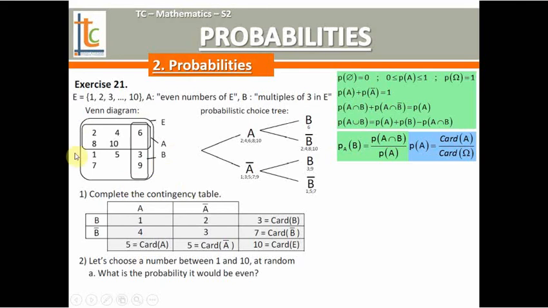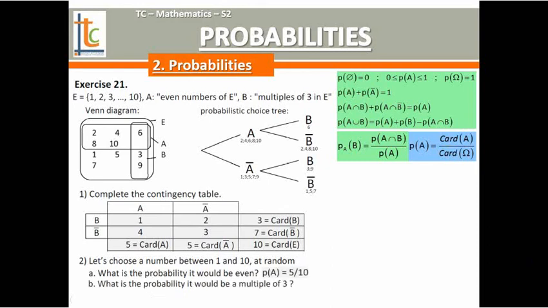Every one of the 10 numbers has the same chance to be chosen, 1 chance in 10. In case of equally likely outcomes, the blue formula is available, and you just have to divide the cardinal number of A by that of omega. So 5 over 10.